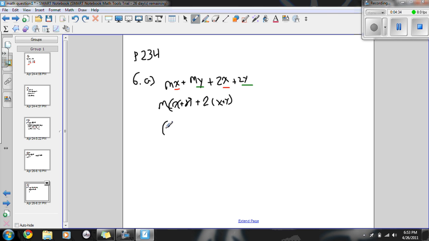So it would be x plus y, and we put the other ones, m and 2, in another bracket: m plus 2. And that's how you would factor this by grouping.